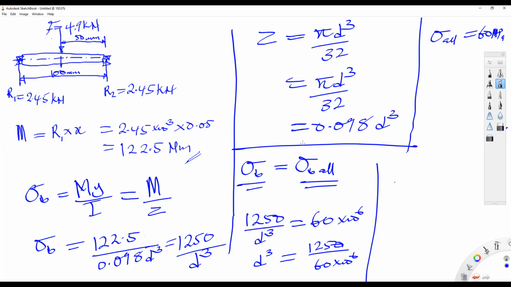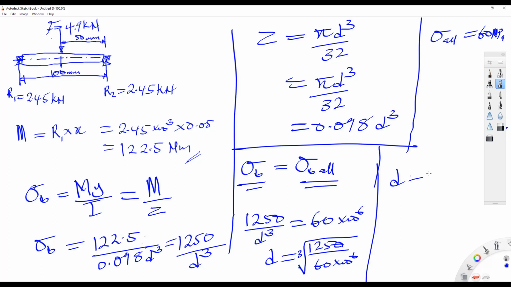So what will be the answer when you find the cubic root of this? In effect, d is equal to the cubic root of all that. What is the answer? 0.0275.